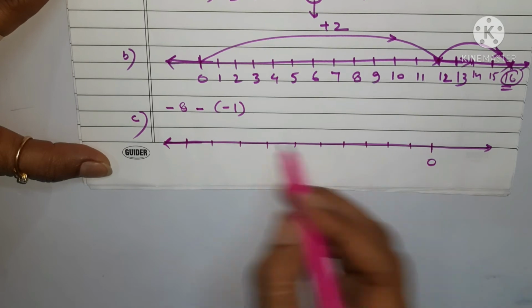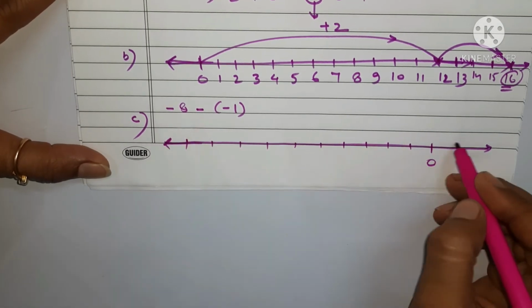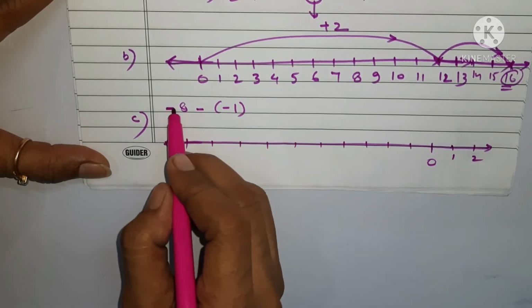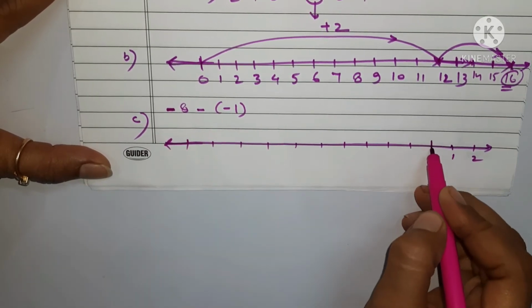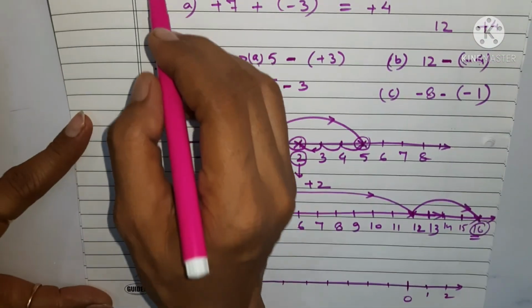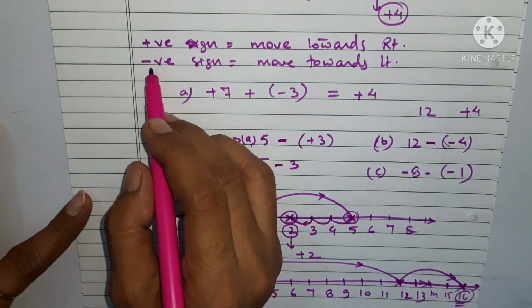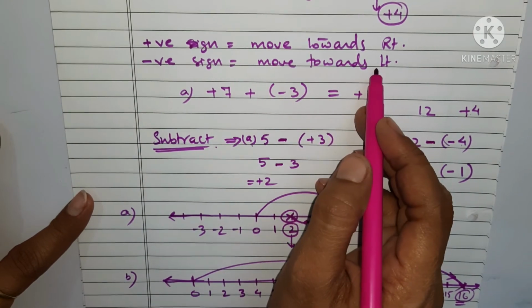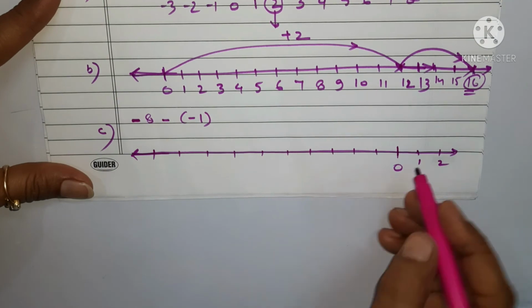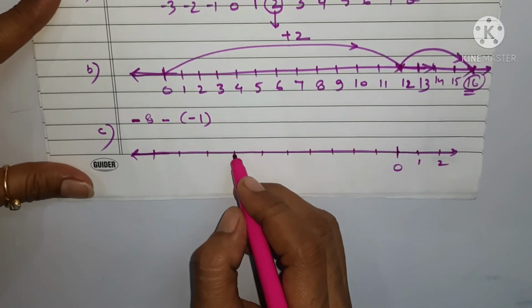Since it is written minus 8, it means we will move from 0 towards the left side. Why? Because we know that the minus sign lets you move towards left.